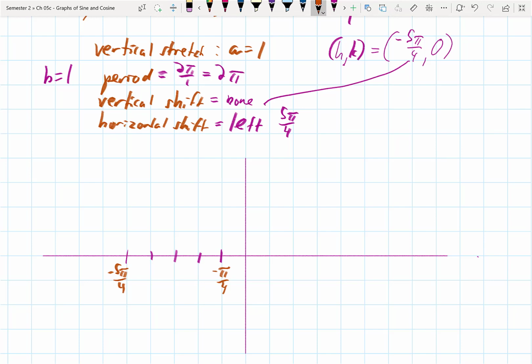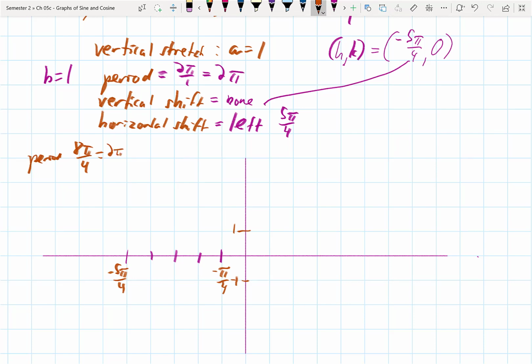So the period now is 2 pi, and my vertical stretch is a equals 1. I'm going to actually do this as much to scale as I can. We're going to just put 1 here and negative 1 here, up and down. And then if my period is 2 pi, and I'm in units of fourths, my period is actually 8 pi over 4, which is the same as 2 pi.